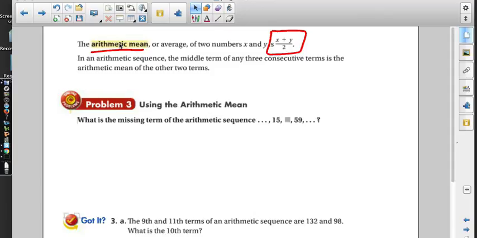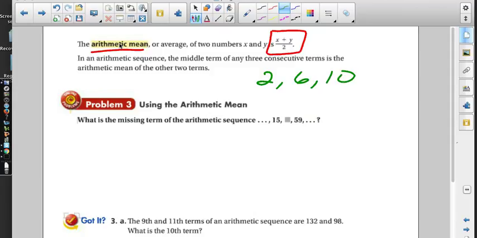The arithmetic mean or average of the two numbers x and y is just x plus y divided by 2. In an arithmetic sequence, the middle term of any 3 consecutive terms is the arithmetic mean of the other 2 terms. I only gave you 3.